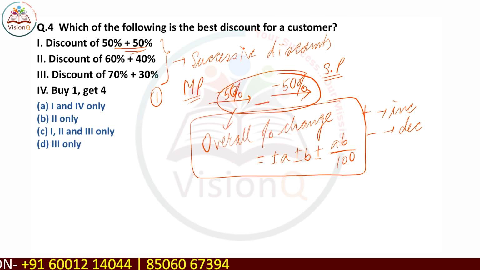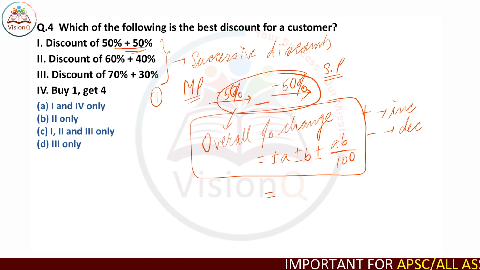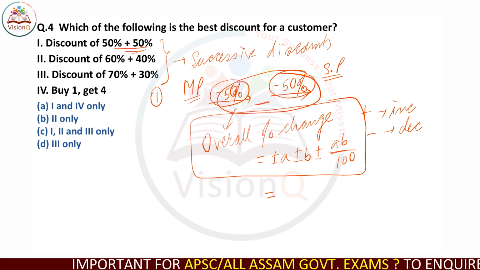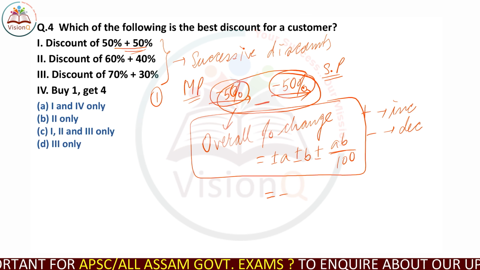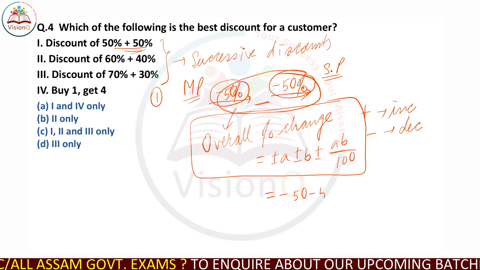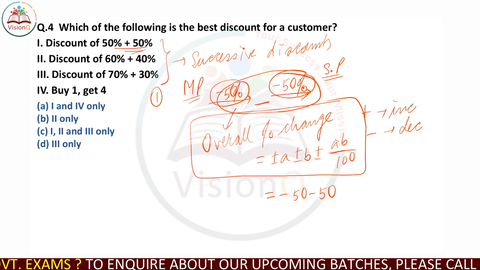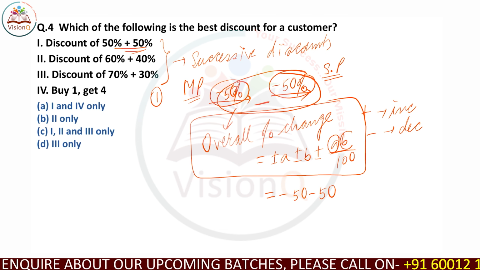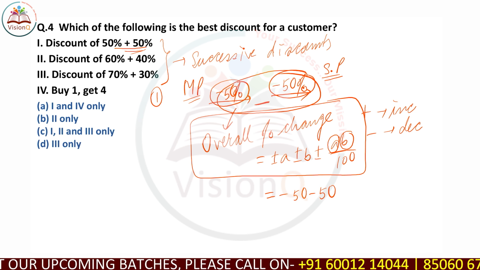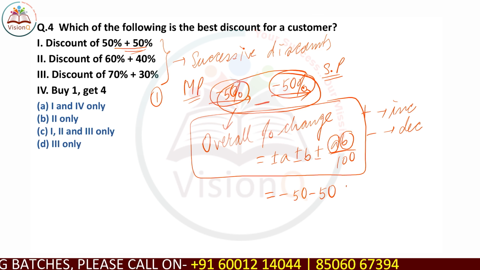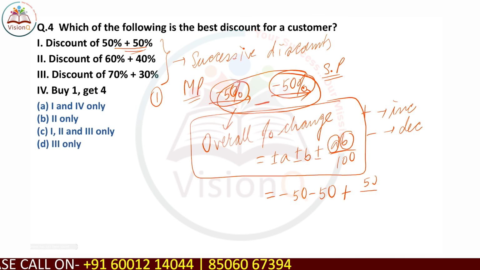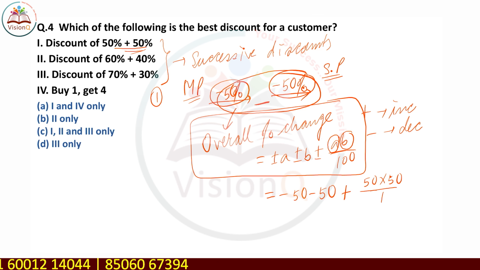Now if I apply the formula in the first case, there is a discount of 50% and then 50%, and I have to find the overall discount. A is minus 50% and B is also minus 50%. Minus into minus is plus, so the sign here is plus A into B by 100.